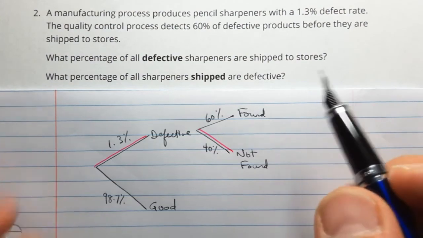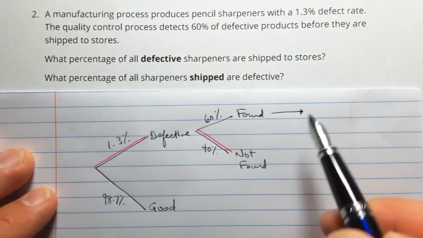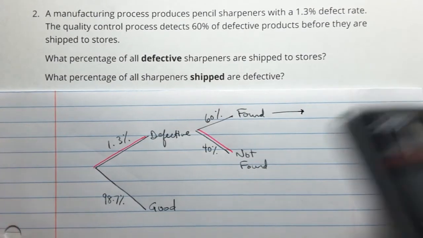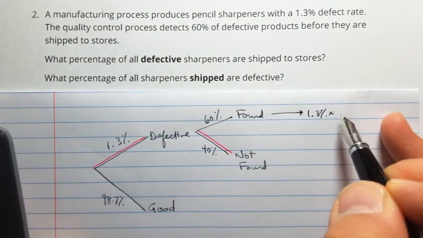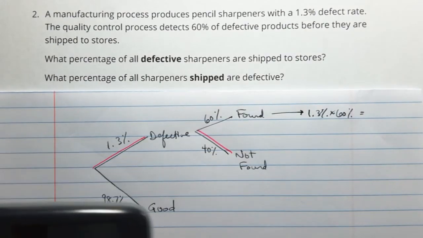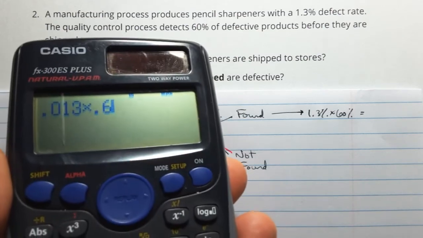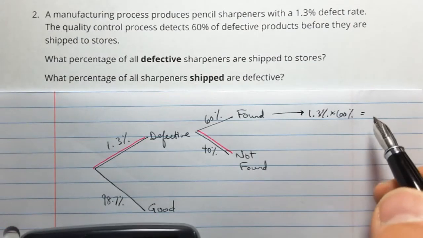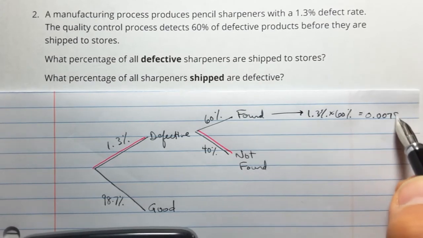Okay, so we're going to need a little bit more than that. So let's just finish off the whole tree here. So this is defective sharpeners that are found. So we have 1.3% times 60%, so that's 0.013 times 0.6, which is 0.0078.